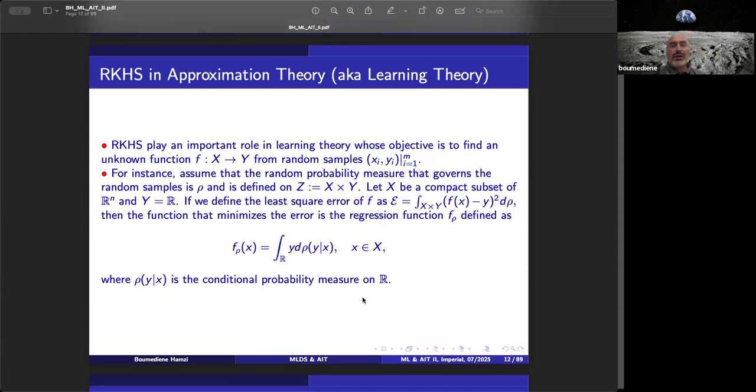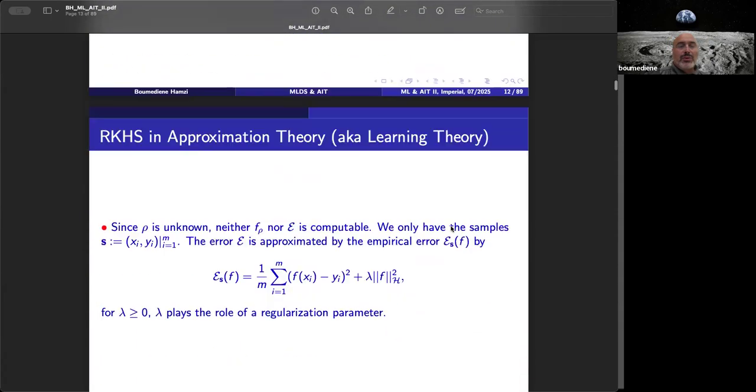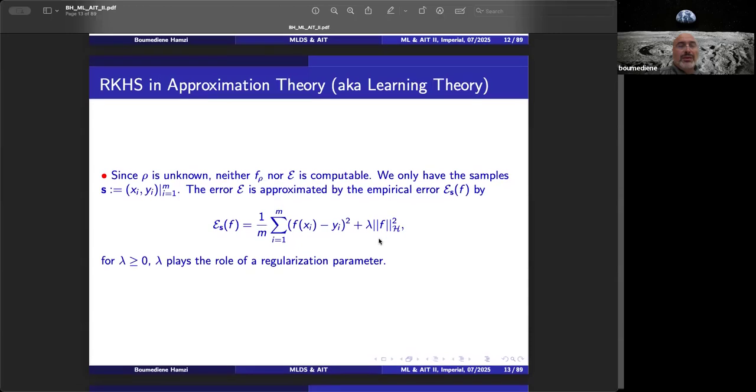And they play an important role in learning theory, where the objective is to find an unknown function from random samples. Usually this problem can be solved analytically by minimizing this integral functional, and this would be the closed form. But in practice, we don't know what the true function is, or what the probability measure is, and we end up performing a minimization problem in an RKHS: minimize this error functional plus this regularizer, which is a regularization in the RKHS.